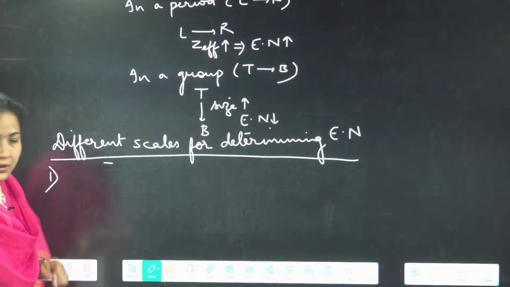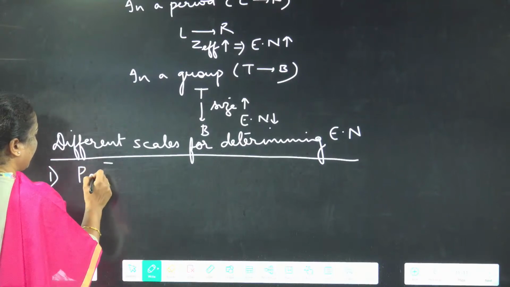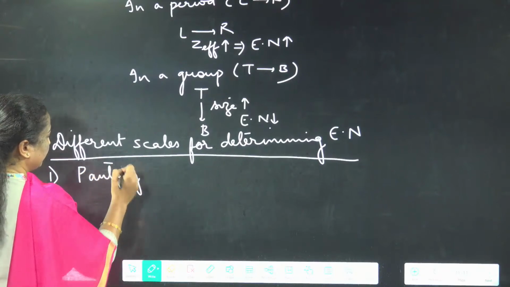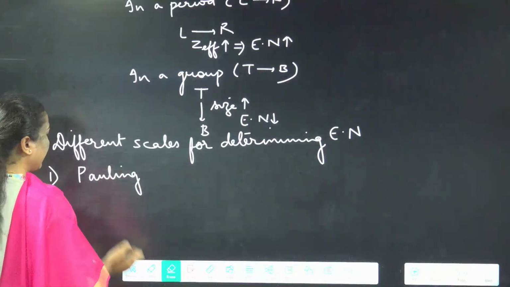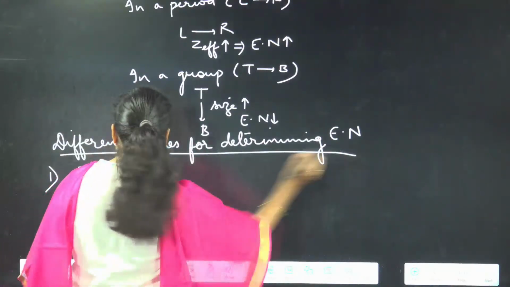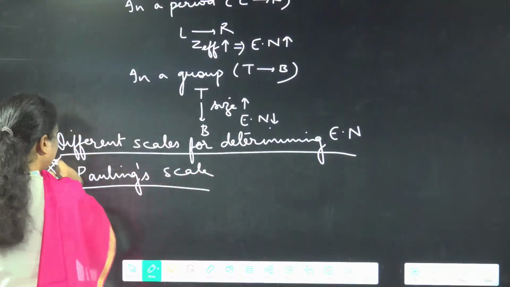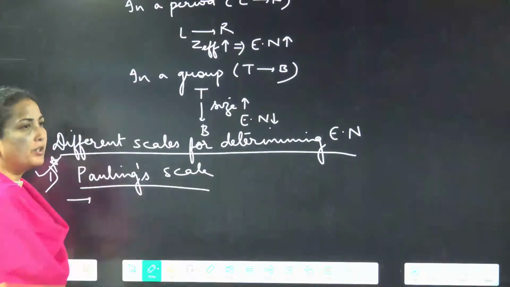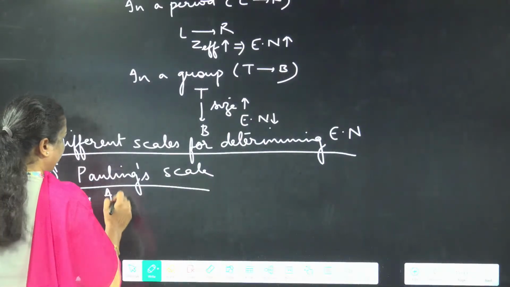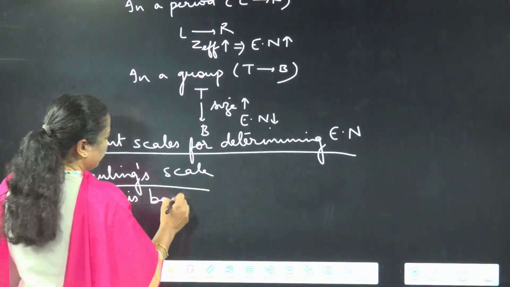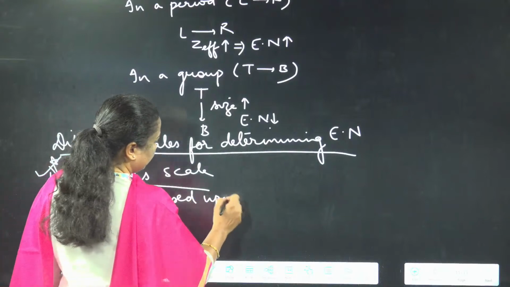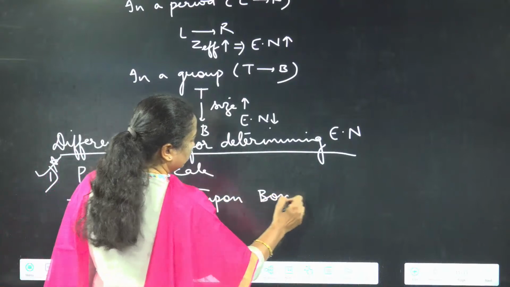So what we are having here is the Pauling scale, and the Pauling scale being the most important here, right? You just remember that this particular scale is based upon bond energy data, okay?